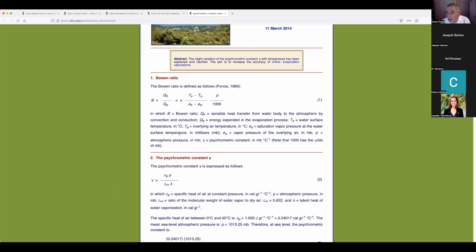So we normally get the air temperature, and the saturation pressure at air temperature is not E sub S, but E sub O. That turns out to be easier for our calculations. So usually E sub S is replaced by E sub O in these calculations.